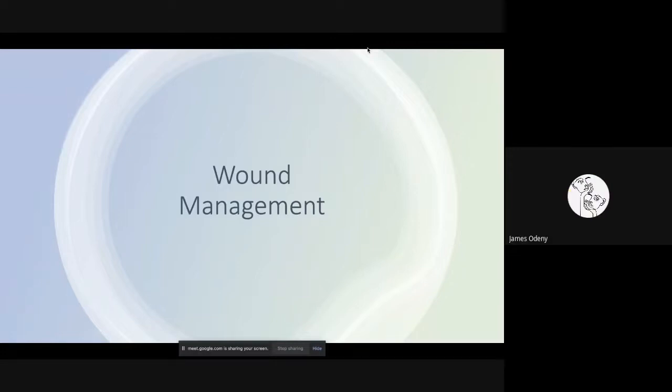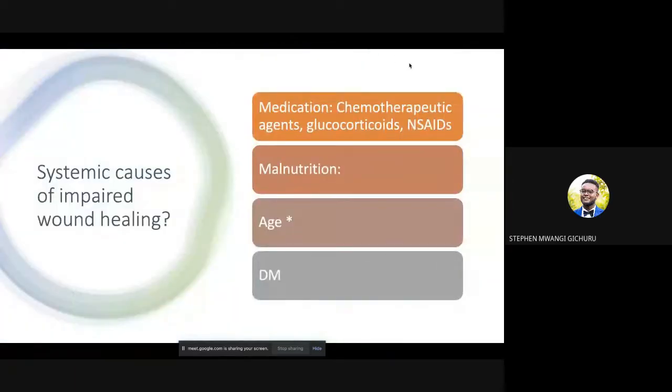Just before you continue, sorry, Doc, I'm struggling with the concept of delayed wound healing versus, what is that? The one that had to do with age. So when we say delayed wound healing, it means it'll just take longer if you're older.